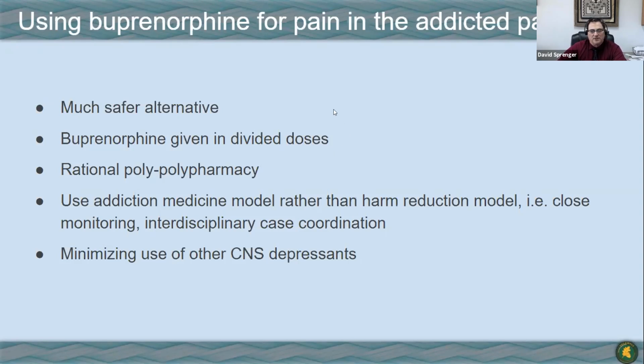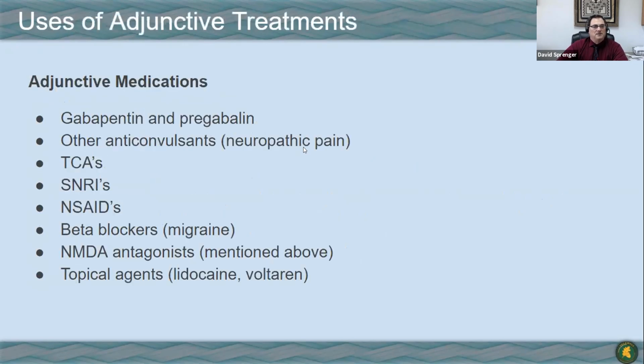And then minimizing the use of other CNS depressants. As I mentioned, of the 300 people that died last year with buprenorphine, I think all but just a small handful were taking high doses of buprenorphine or of benzodiazepines. All right, other adjunctive medications: gabapentin, pregabalin. You guys know a lot of this.